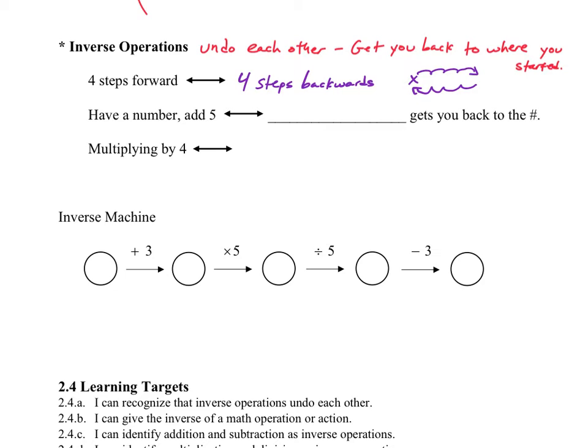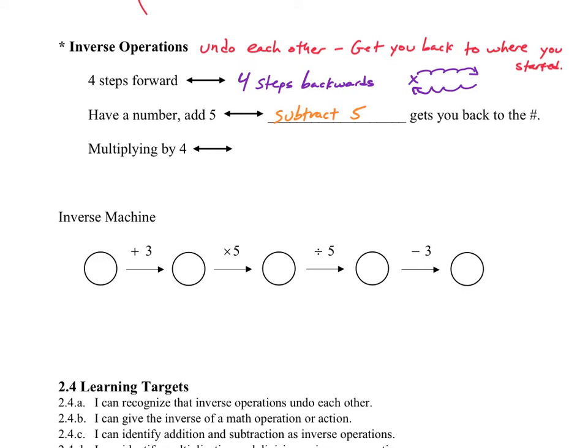They undo each other. Now say you have a number, like the amount of money in your pocket or in your bank account, you could add 5 to that. Well, if you want to get back to where you started, you would have to undo adding 5, or you would subtract 5. So inverses, a lot of people call those opposites.